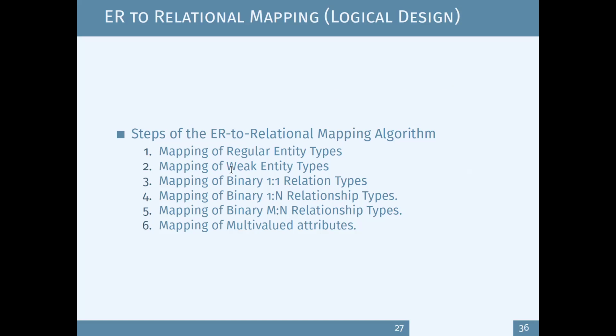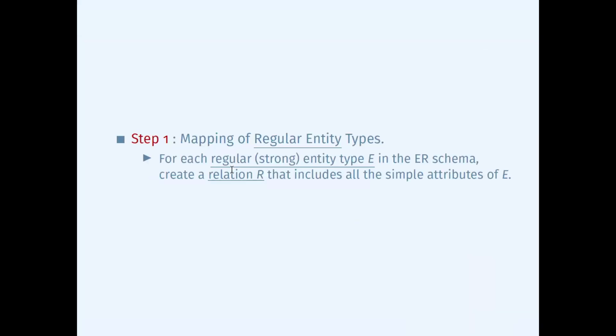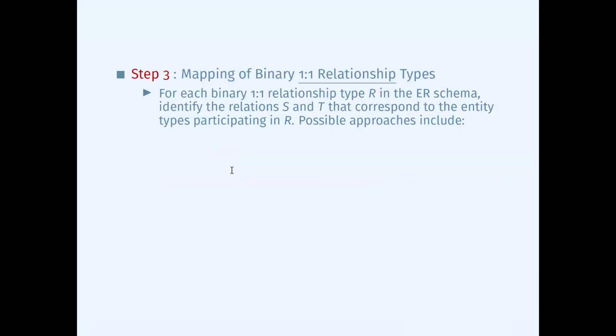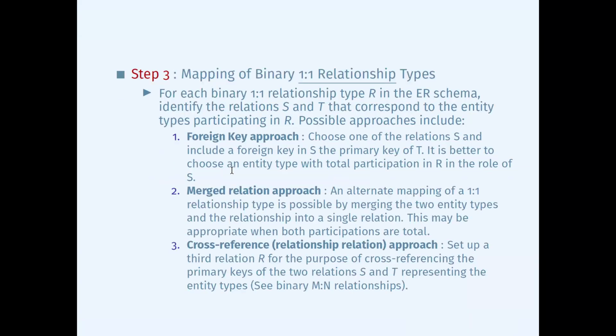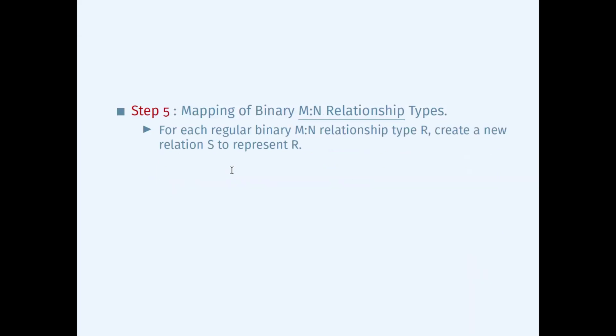Okay, shall we move to the next one then? So we discussed regular entity types, weak entity types, one-to-one, one-to-many. The last one is many-to-many relation. So in many-to-many relation, what you need to know is you always create a new relation. If you have many-to-many relation, then you create a separate relation.